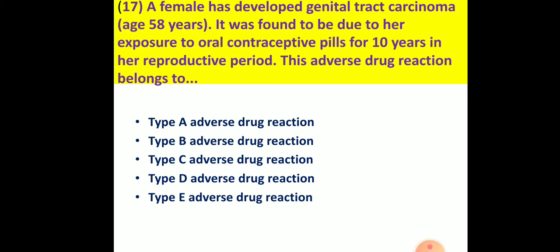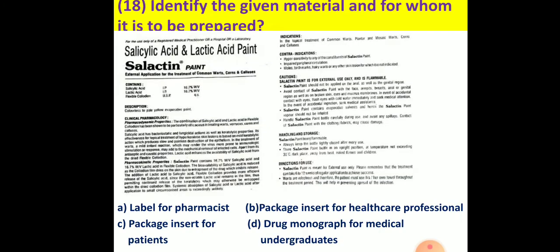So this is a delayed type of adverse drug reaction. It means that the exposure to the drug is in the past, and after some time the patient develops an adverse reaction. So here the answer is type D adverse drug reaction. So identify this.